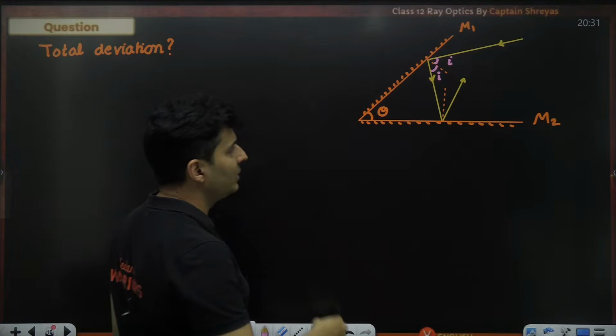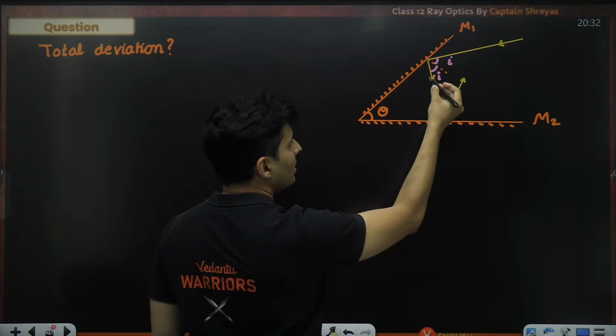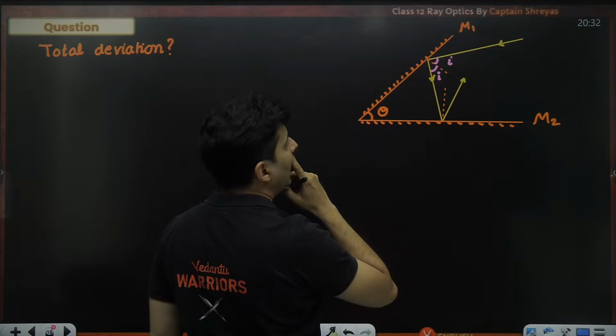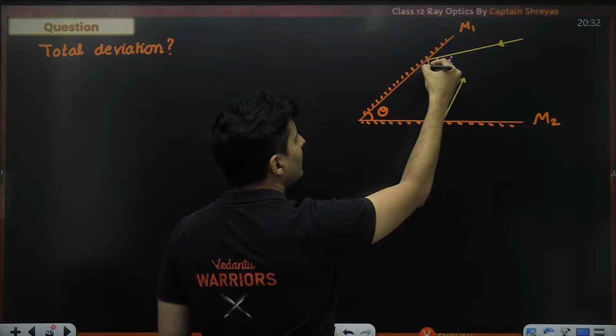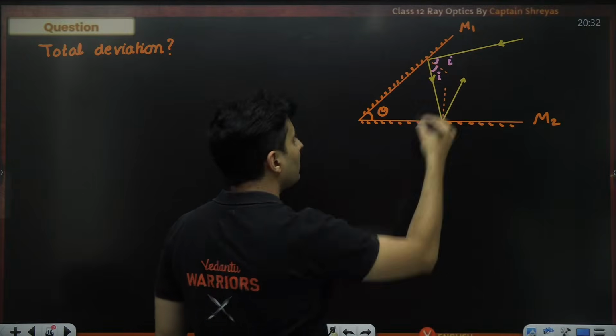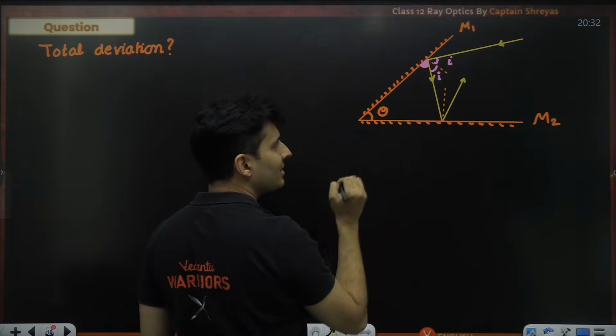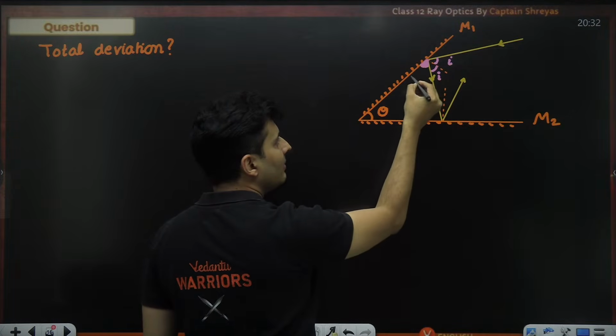The next thing that I will do, I'm writing it in separate slides so that you can see the sequence of events. If this is I, I know one thing: this particular angle which you see over here will be how much, guys?